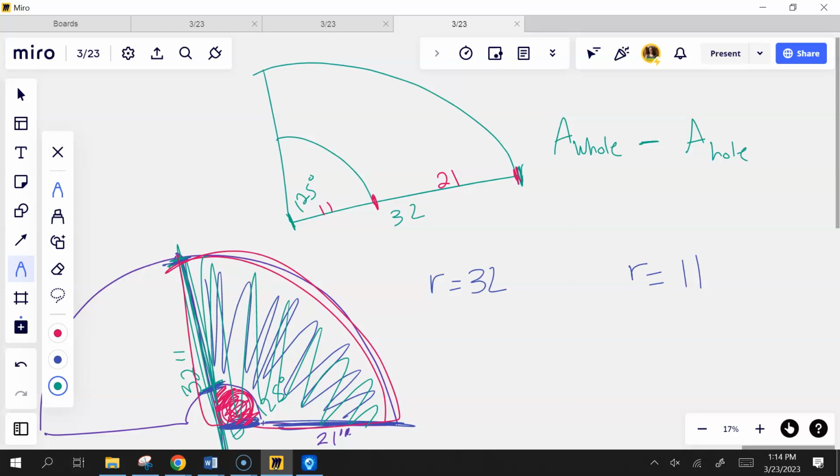985. Make sure before you start you have converted your angle to radians. So 125 is 125 pi over 180, which is approximately what?